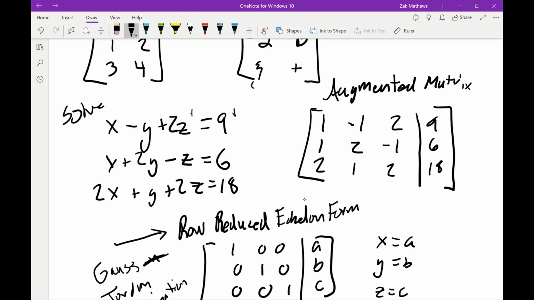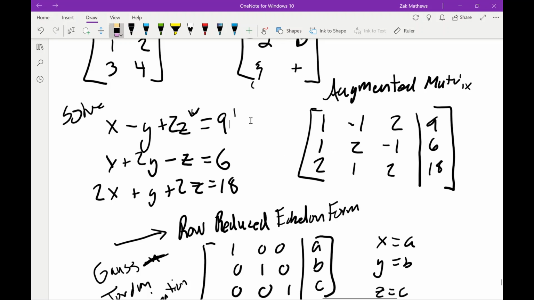And then there's a third thing that we can do that we don't really think about a whole lot, which is that we can always just rearrange the order of the equations if we would like to. We don't have to leave these things in this order. So in terms of our lines, we can rearrange lines anytime that we would like. If I want to list this line first, I can do that, or list this line first, that's fine.